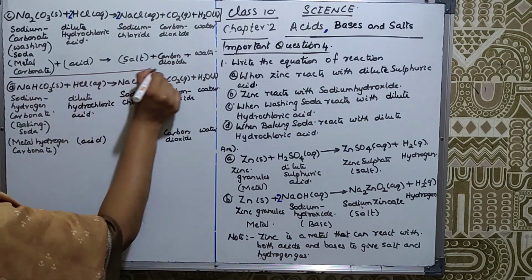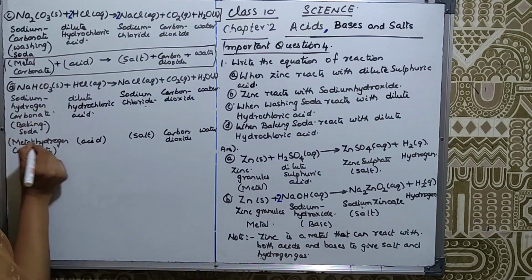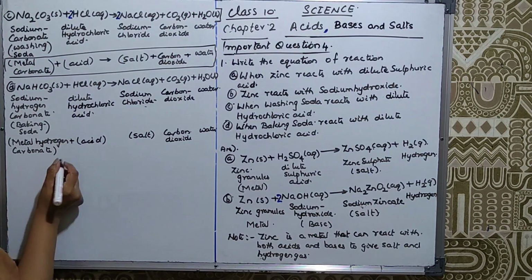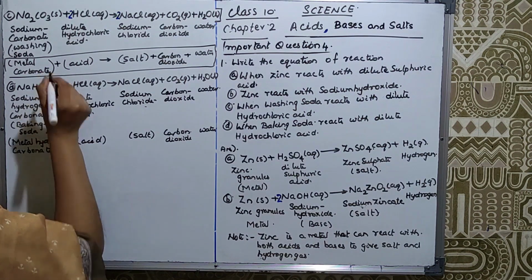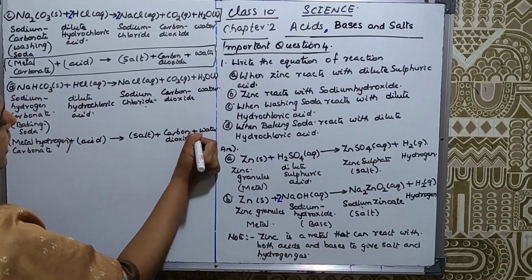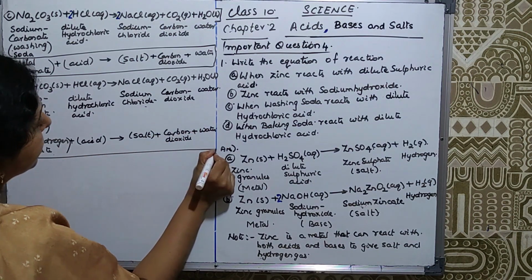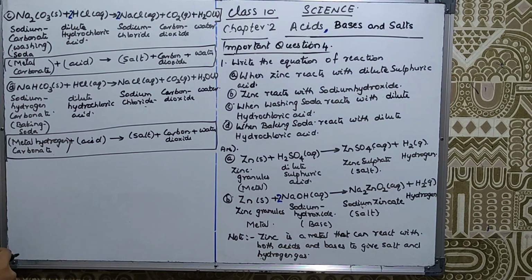This is the general formula. Here also, metal hydrogen carbonate reacts with acid to give salt, carbon dioxide and water. Now we'll go to question number 2.